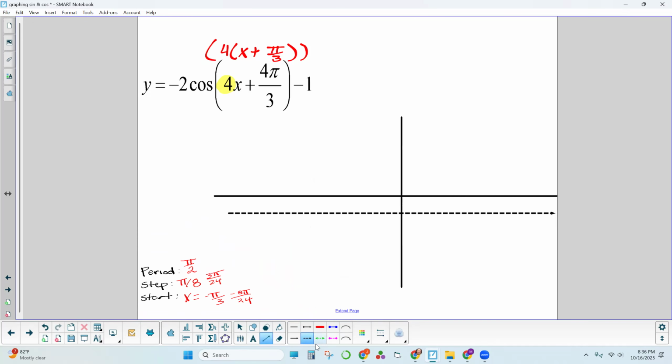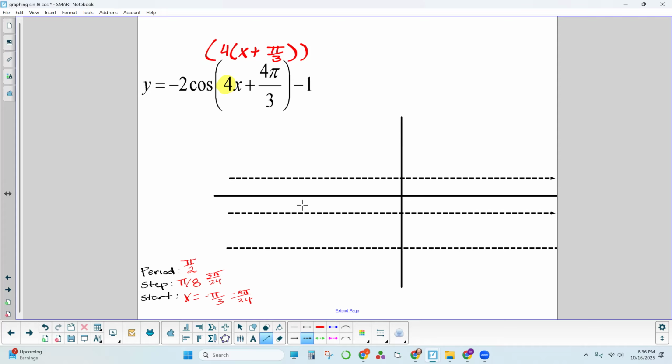Then we're going to establish our high line, for which we look at our amplitude. As you can see, our amplitude is 2. So I'm going to go 2 above my midline and 2 below my midline. And that establishes the height of the cosine wave.